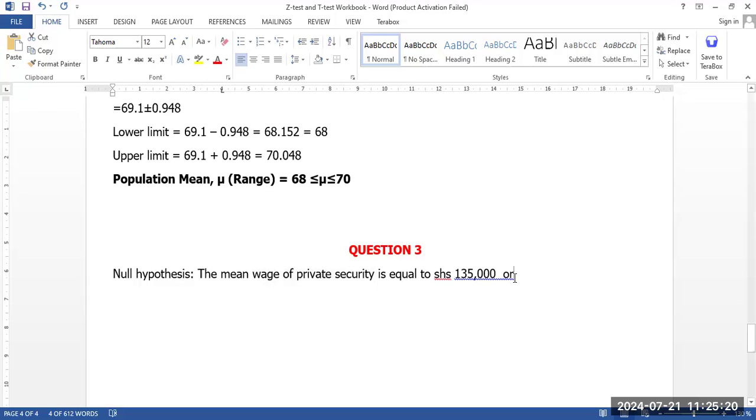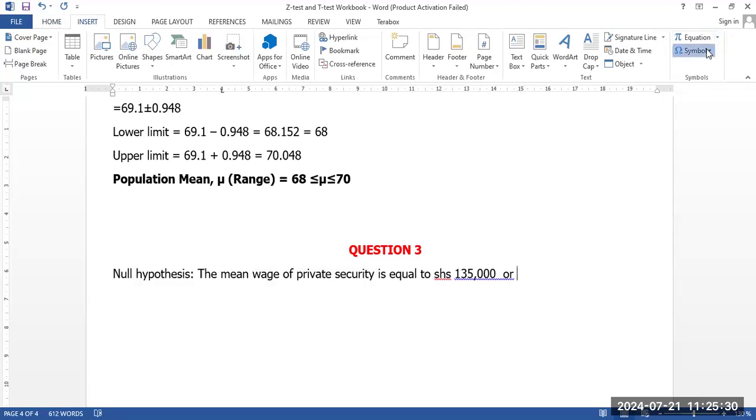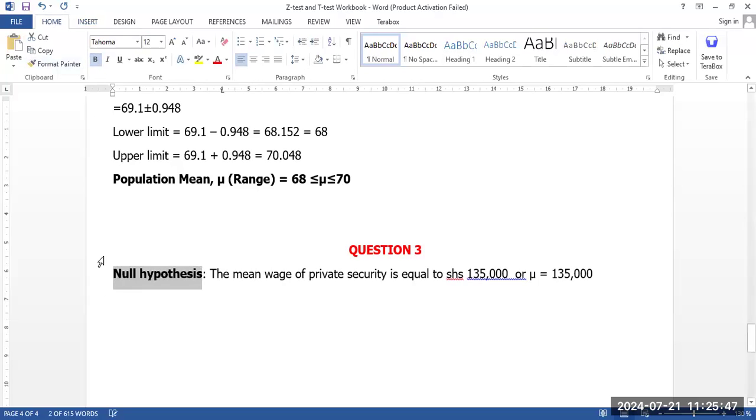So it means that if you want to use the sign, you don't use X bar. You use what? You use mu. So that is our null hypothesis.